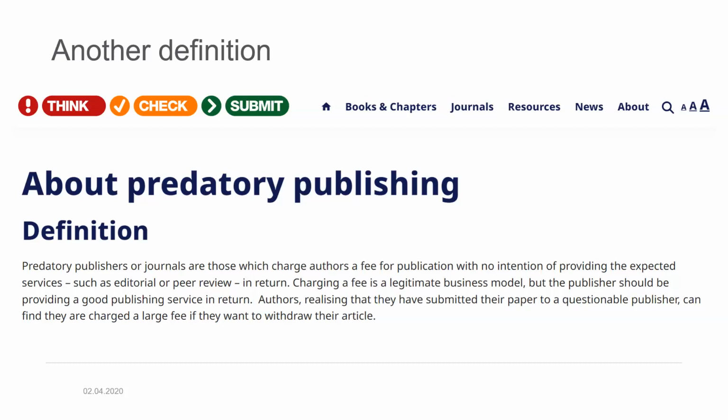Charging a fee is a legitimate business model, but the publisher should be providing a good publishing service in return. Right. So this is a very clear definition as well, which is the same as the previous definition. It's just phrased a little bit differently, and I would say more simple and understandable. So this is a very clear definition of what predatory publishing is.